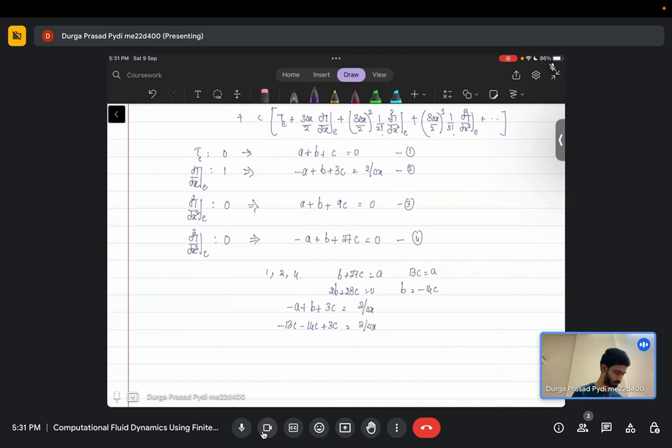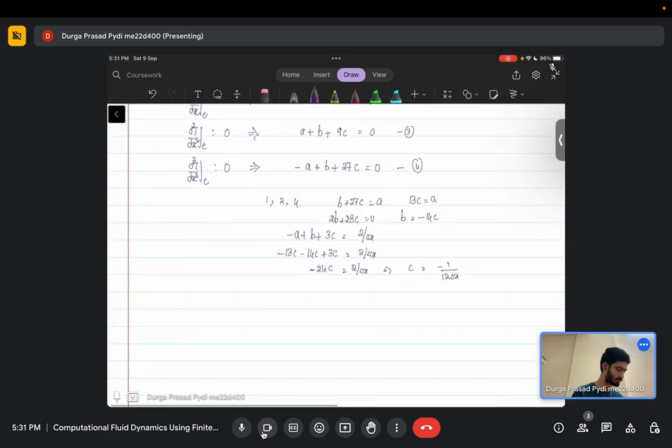So this is minus 24c plus 2 over delta x. This gives c equal to minus 1 over 12 delta x. b is 14 by 12 delta x, and a is 13 times c, so minus 13 by 12 delta x.